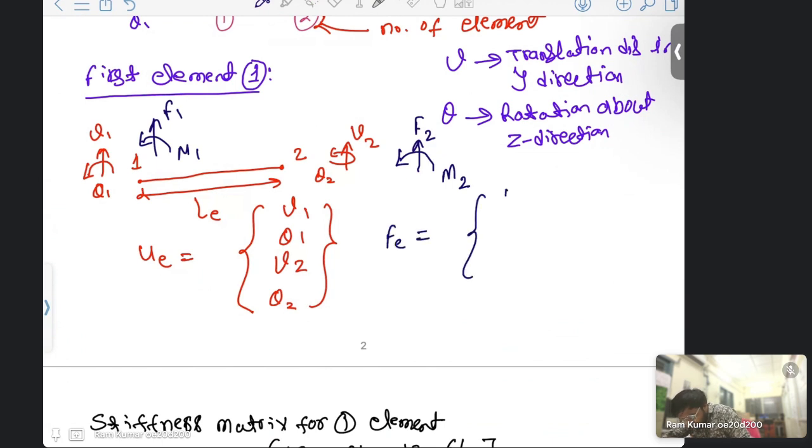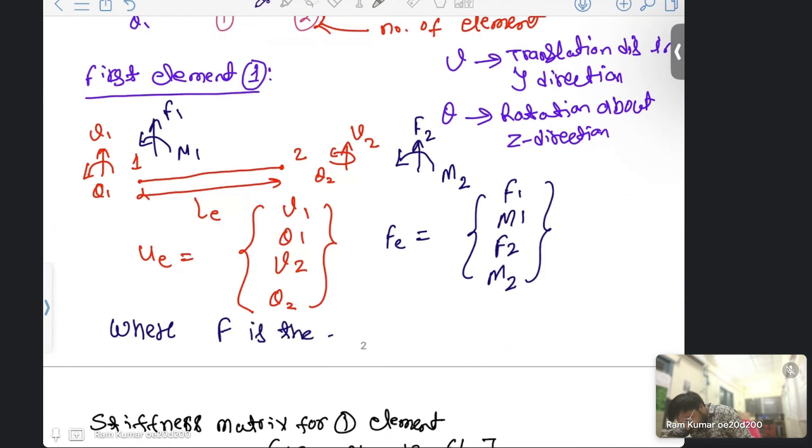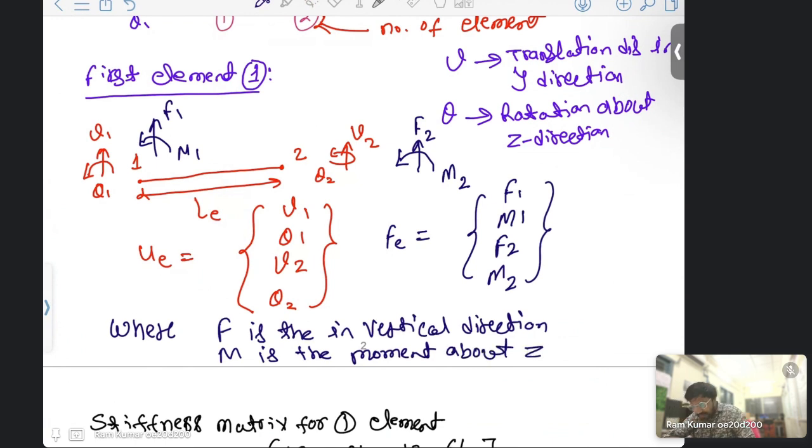It will be F1, M1, F2, M2, where F is the force in the vertical direction, and M is the moment about Z.